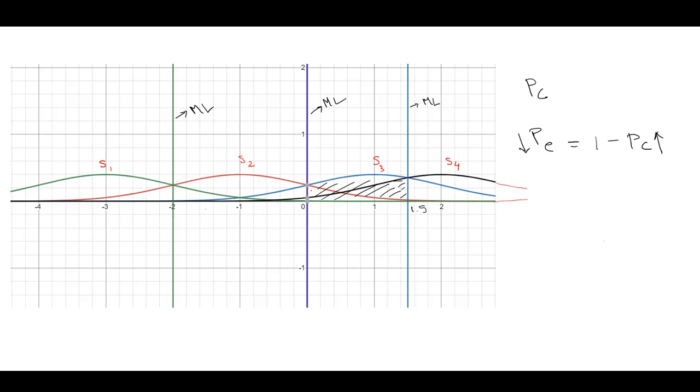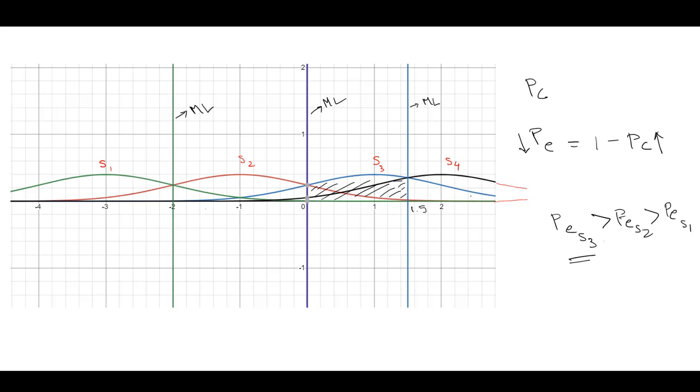As we can see, this region is even smaller than the previous region, and hence the probability of error for S3 is greater than for S2 as well as S1. So we can write PE of S3 is greater than PE of S2 is greater than PE of S1.